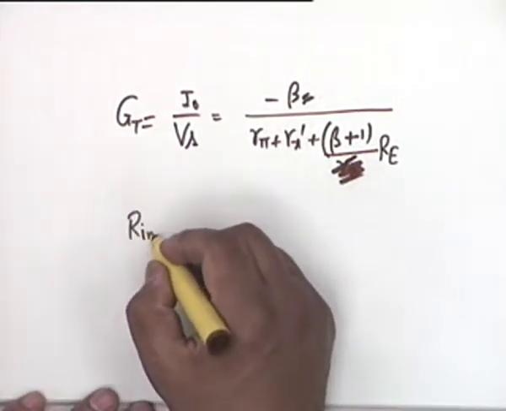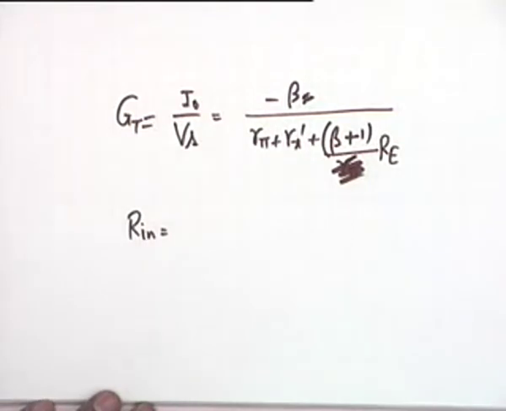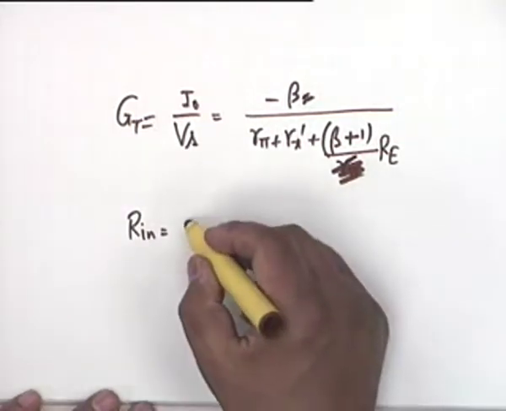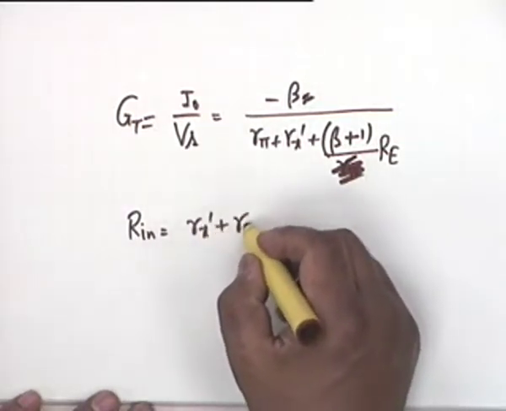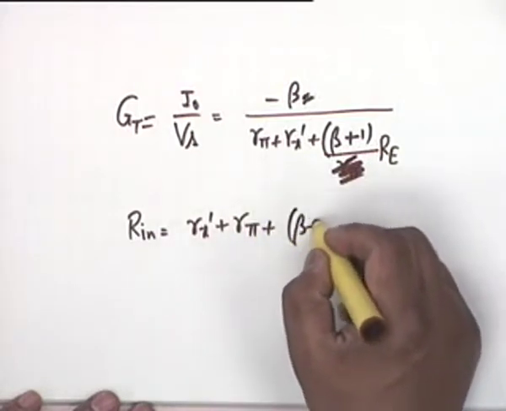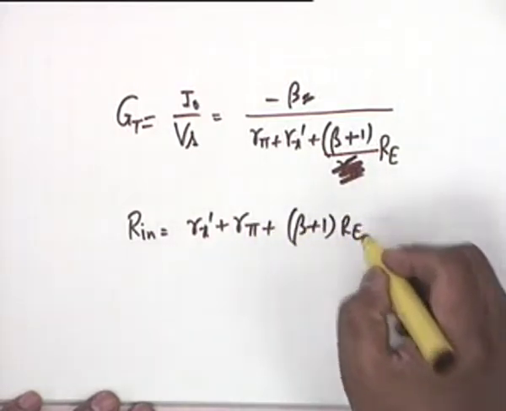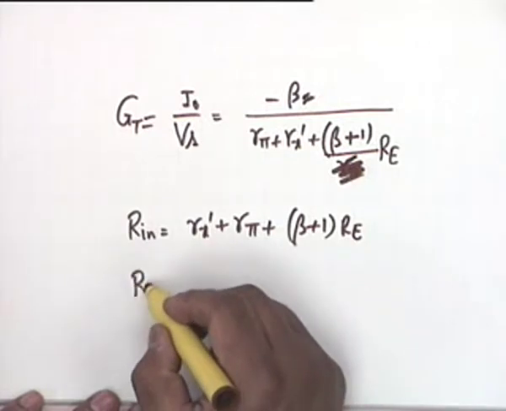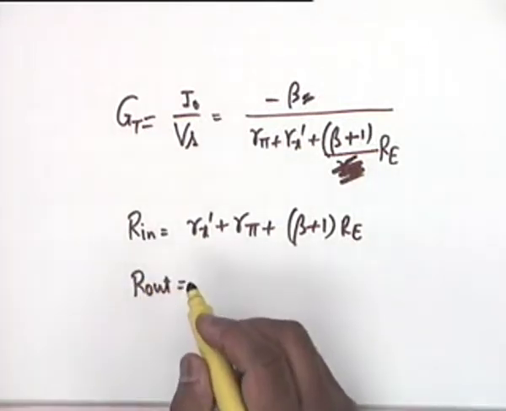We also found out by inspection that the input resistance at mid-band is simply Rx prime plus R pi plus beta plus 1 Re. The output resistance, however, did pose some problems.